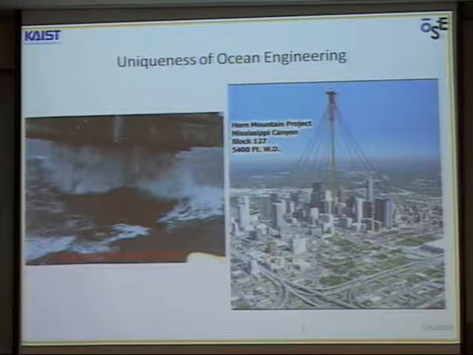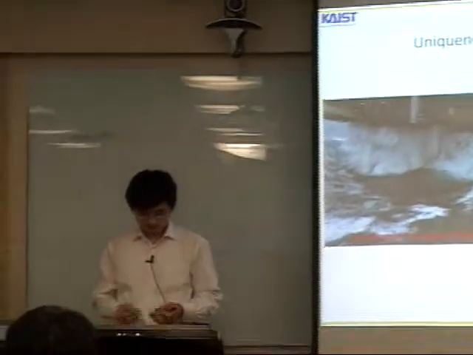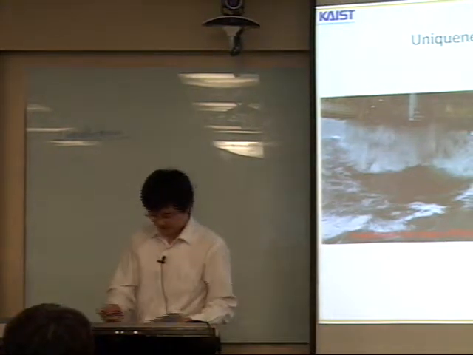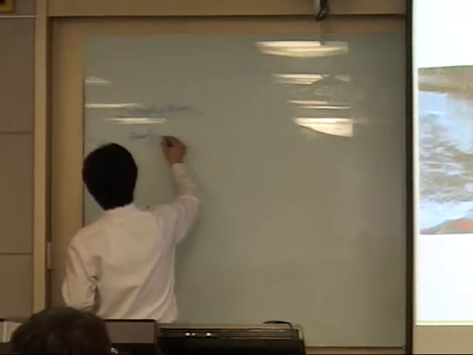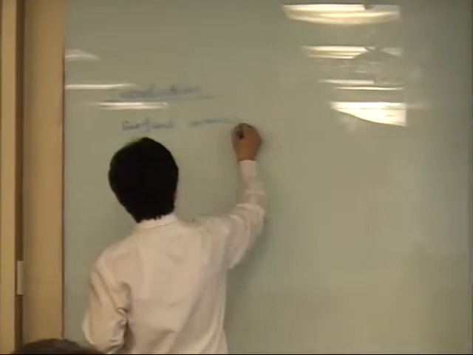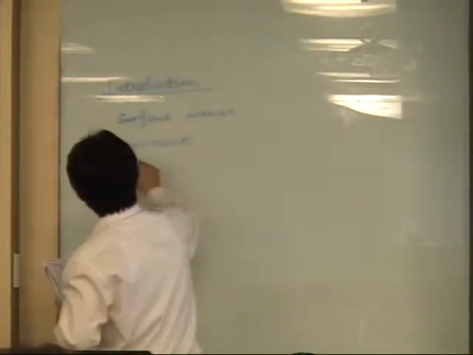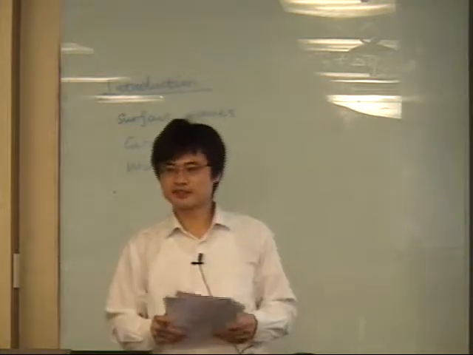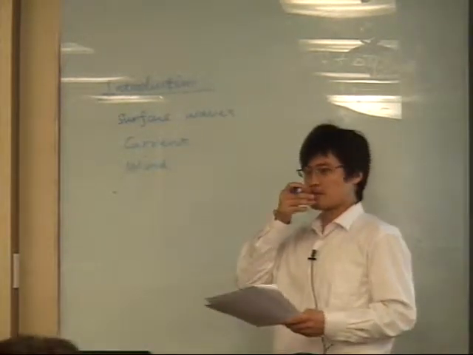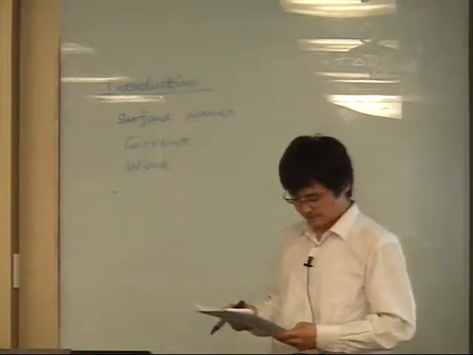So let's look at what kinds of sources we have in the ocean. Obviously, we have surface waves, right? We have current. We have wind. What else? Can any of you figure out anything else, loads that can be an excitation to the structures?